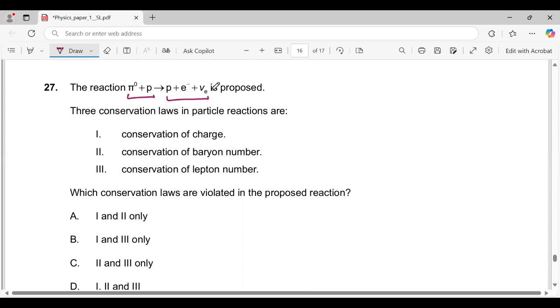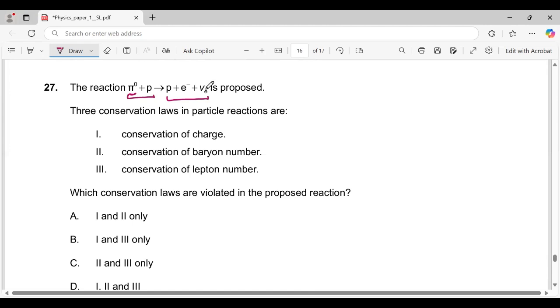The pi zero has charge zero, and the proton has charge positive one. On the right hand side, the proton has charge positive one, the electron has charge minus one, and the neutrino has charge zero.